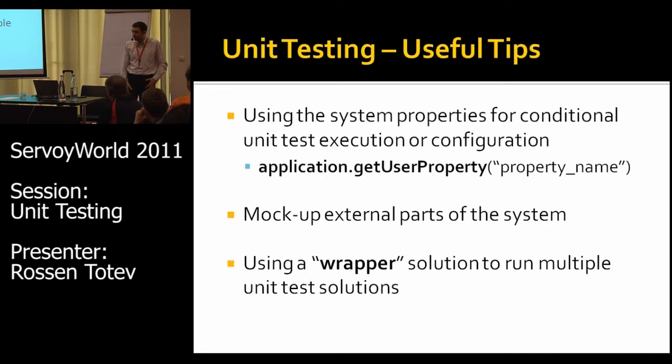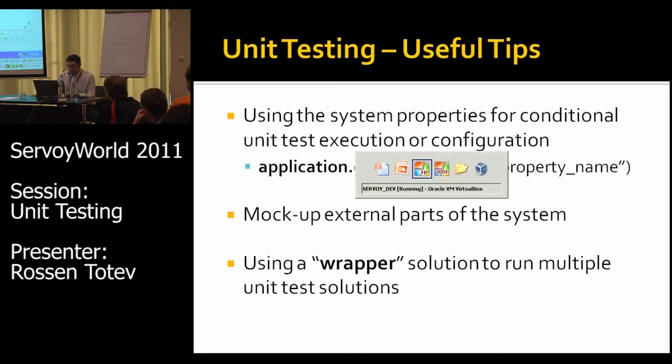Another useful tip is creating a wrapper solution whose purpose is to combine multiple unit test solutions. This way you have one entry point where you can run all unit tests covering your production code. Hopefully I have time to show some of those things.